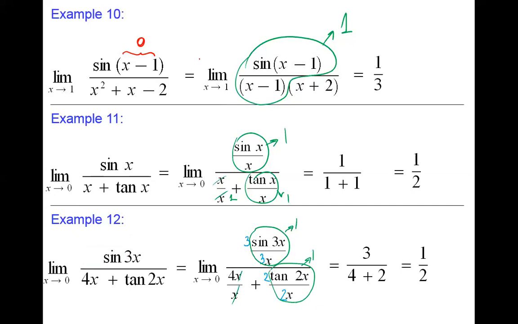Okay. And I believe this is all of my examples for the property sine of x over x as x goes to 0, that is 1. I do have one more limit, but it's a little bit different. It's a trigonometric limit, but we can see it's not sine of 0. This is fine. This is still okay. We may have x approaching a different value. This is pi over 4.